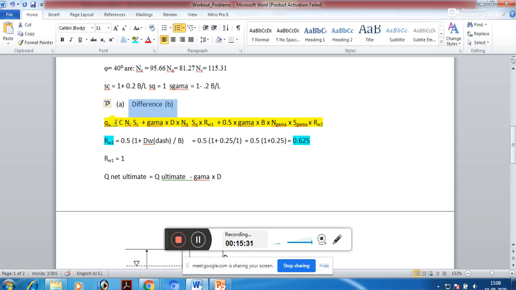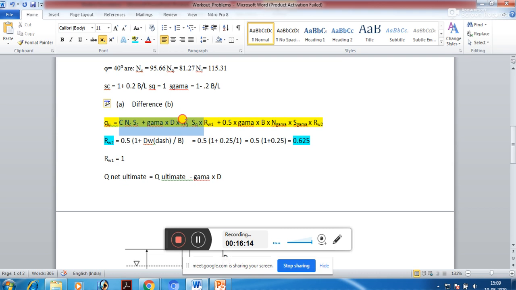While calculating the problem for question number A, you got RW1 equal to 1, RW2 equal to 1. Other than that, the equation remains the same. So the value of QU will be a little more than whatever you get in case of B, because this term will remain the same in question A and B. This term also remains the same, because in question A we got RW1 equal to 1, and in question B also we got RW1 equal to 1.